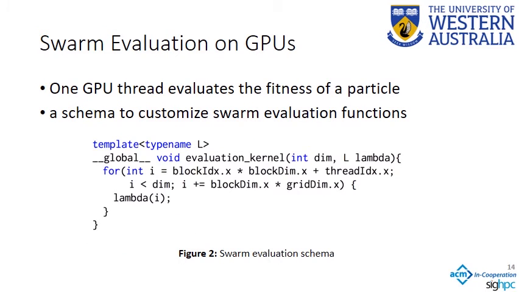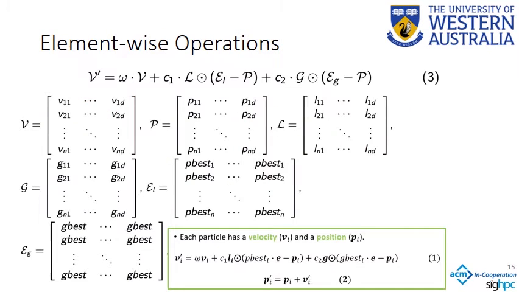In terms of swarm evaluation on GPUs, we use one GPU thread to evaluate the fitness of one particle. We also design a schema which allows practitioners to customize the evaluation functions. And the swarm update can be modeled as element-wise operations, and we have seen these formulas previously.